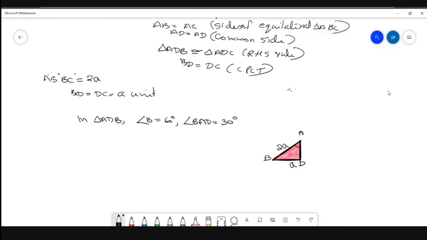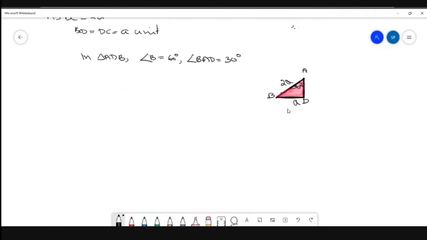So this is now 30 degrees and here it is 60 degrees. Now with respect to 30 we discuss now. Now we have to find the trigonometric ratios with this triangle. So to get the ratios, we must know the third side of the triangle.